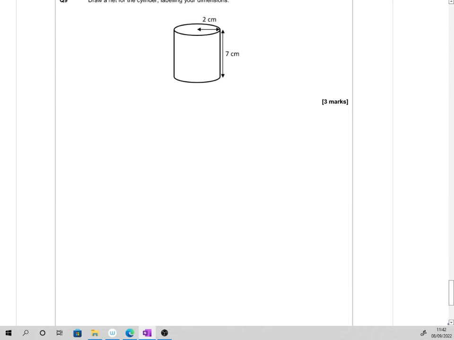Draw a net labelling your dimensions. Okay, so now this is more complicated because we don't know how long it is. So we've got to work out the, I'll put it down there. So it's going to be that. And then on the top, we'll have a circle.